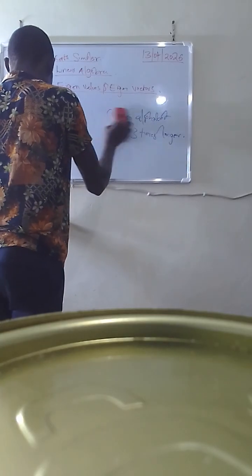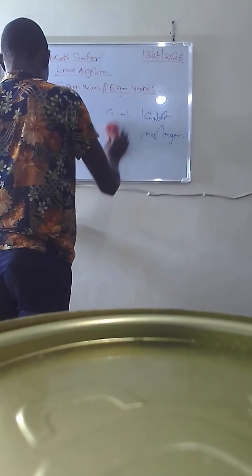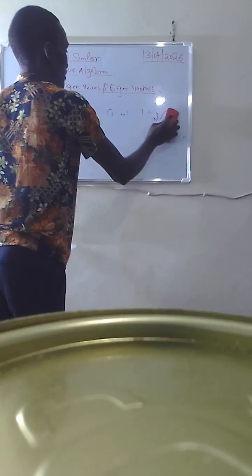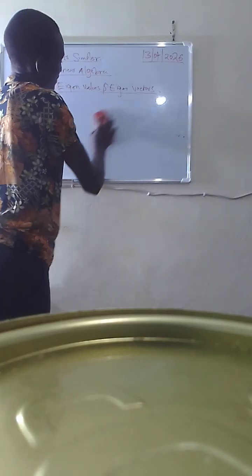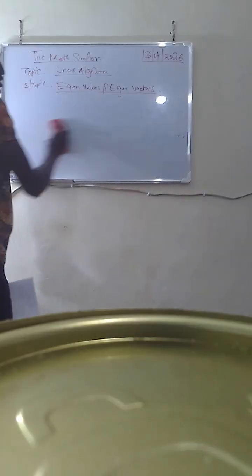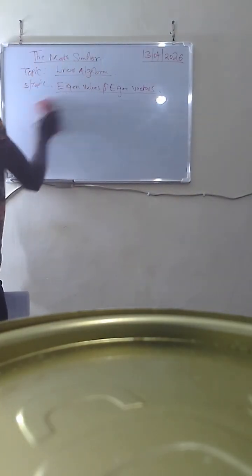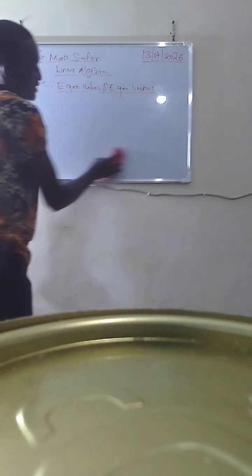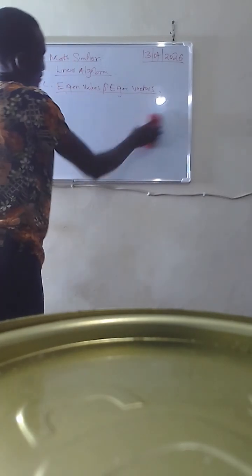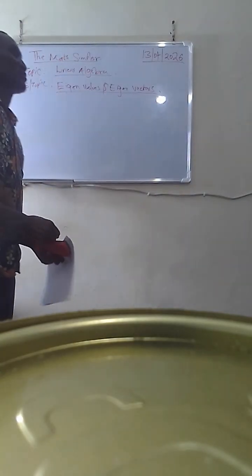Then we have eigenvectors. Eigenvectors are special directions that don't change whenever a transformation is applied. Let's take the case of a door.